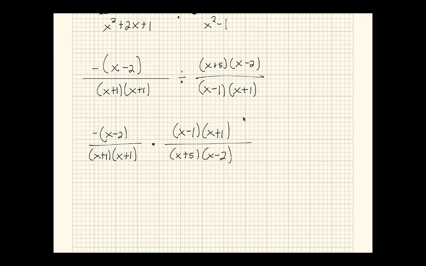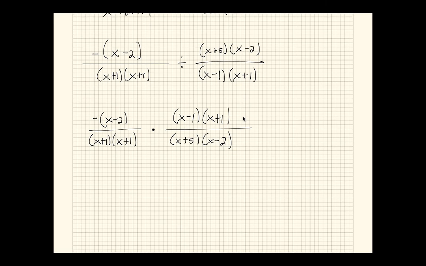And from here, it's just the same exact as the previous problem. So we can cancel out one of the x plus 1s and the x minus 2. Notice the benefit of factoring out that negative, okay? Because the x minus 2s can now cancel. I think that's it. We have an x minus 1. We don't have 1 on the bottom. We don't have an x plus 5 on top.